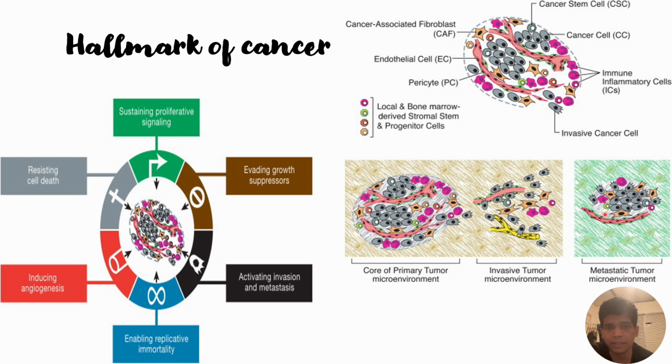And when the cells are in the completely metastatic state, they start to form a new microenvironment around themselves, the initiation of the metastatic tumor microenvironment that can be seen here.